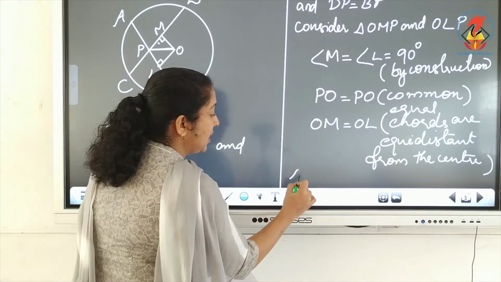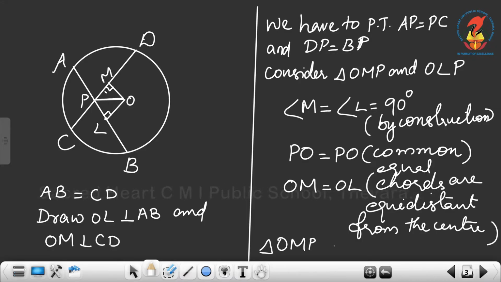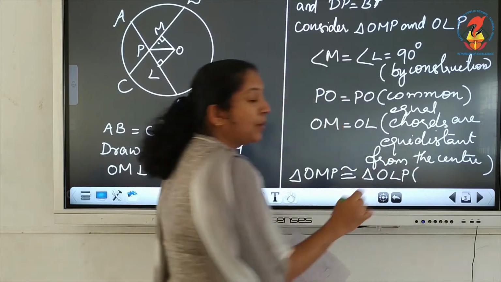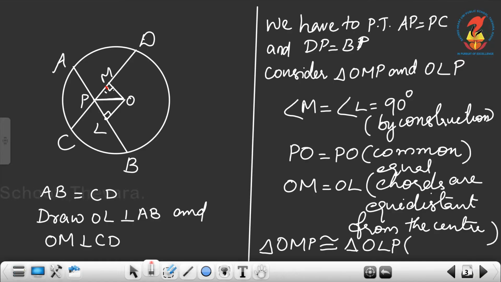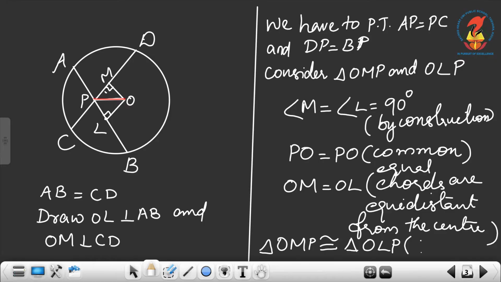So, we can say triangle OMP is congruent to triangle OLP. Using which criterion? 90 degree, one side and hypotenuse, so the RHS criterion.